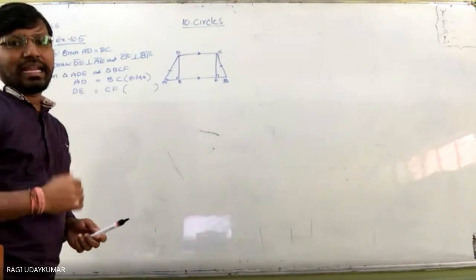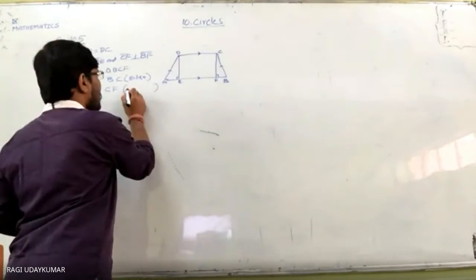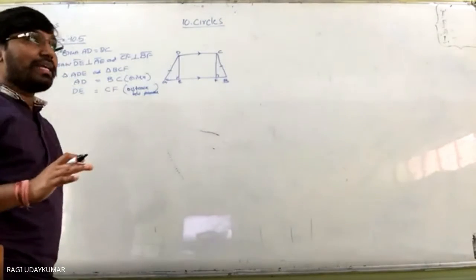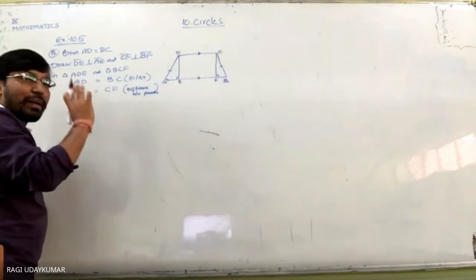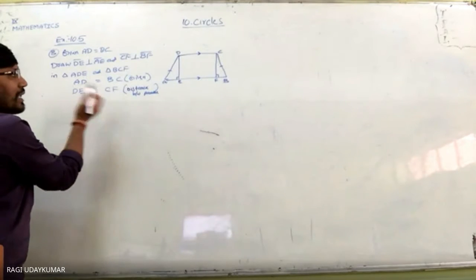Because AB and CD are parallel lines, and the distance between the two parallel lines is the same. Yes, both are perpendicular. Distance between the parallel lines, when you say it is the perpendicular, that is also called distance. So both are right angle triangles.